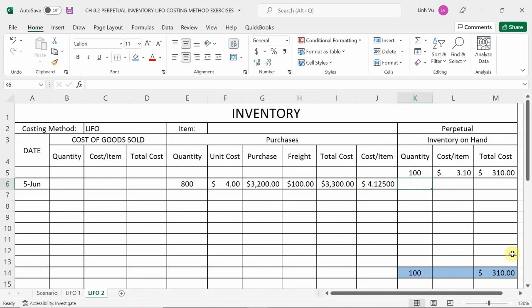All right, so we carry around. Let me drag my formula down so we can have that there. Okay, we have a total of 800 units at a cost per item of that 4.125. So now I have a total of 900 units available to sell.